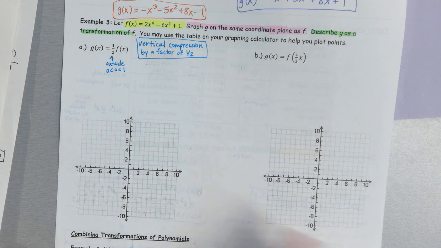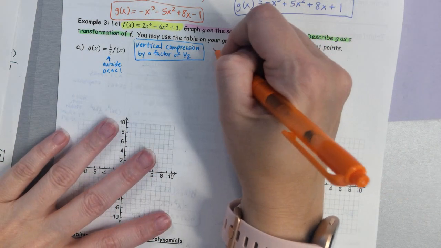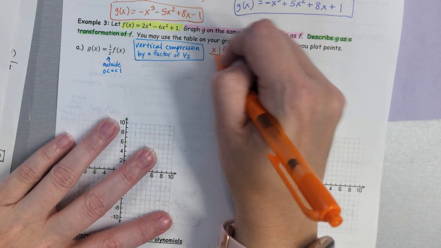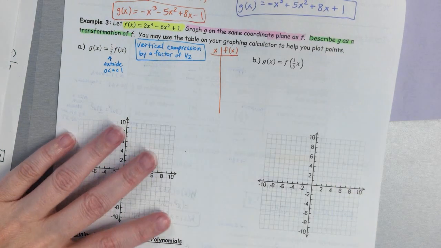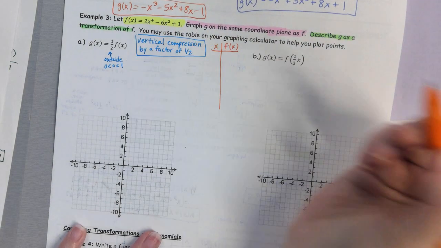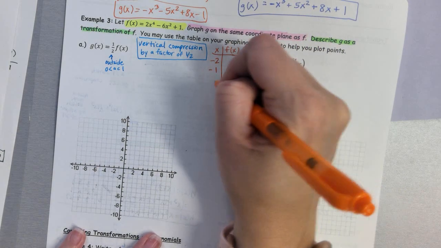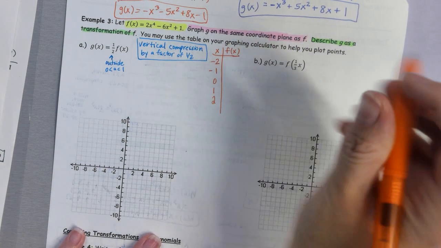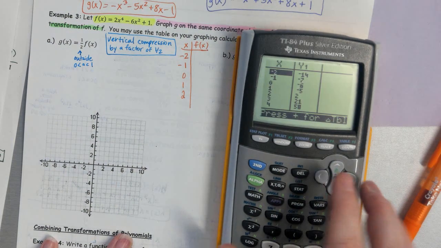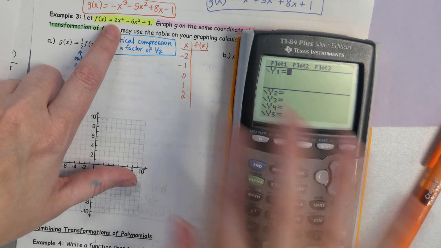We're going to do a couple things. The first thing we're going to do is we are going to create our table for f of x. So remember yesterday we talked about the cubic functions a lot. This one is a quartic function. So we're going to use -2, -1, 0, 1, 2. And this is where you can use your graphing calculator to help you construct your table.